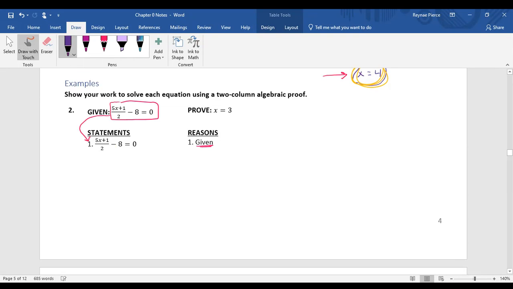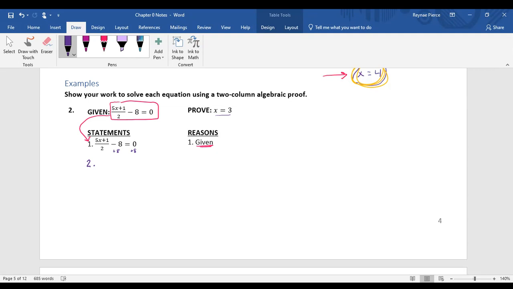Now, second step, I would go ahead and add 8 to both sides here. If you want to solve the equation first on the right half of this paper and then go back and write the proof, you're more than welcome to do that. It's a good way to check your work, because you will get that x value at the end.